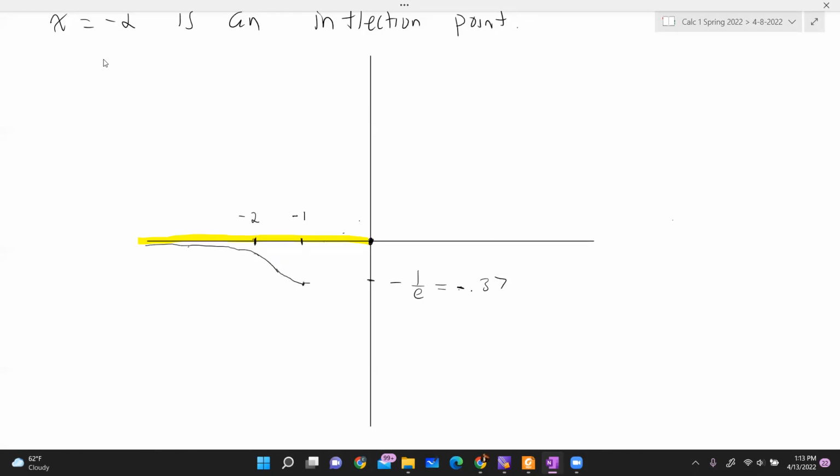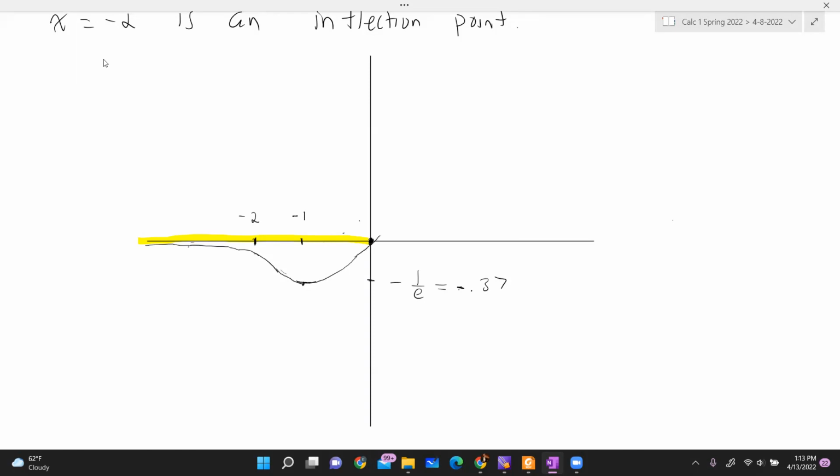Now, from negative infinity to negative 2, it's concave up. So it's kind of curved up. And then from negative 2 to positive infinity, it's going to be concave down. So it's going to be curved down. And then it achieves a minimum here. So it's decreasing here, and then it starts increasing.